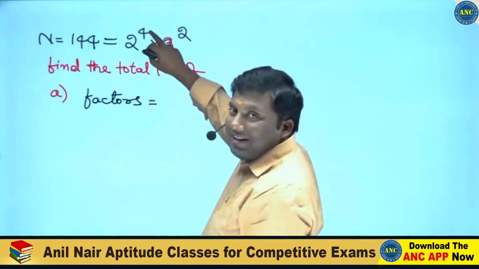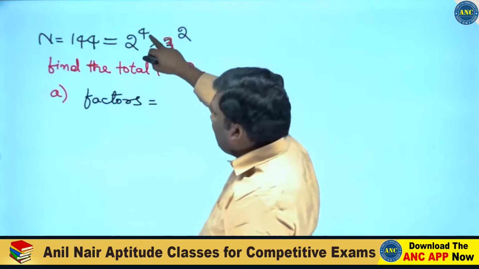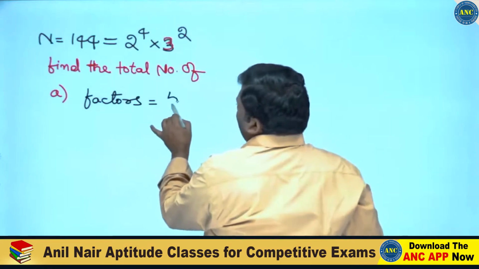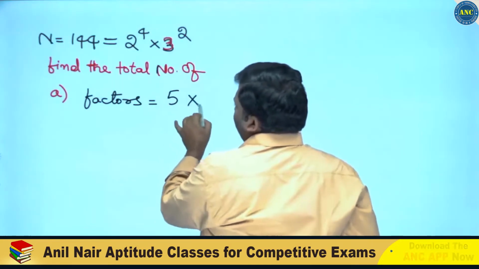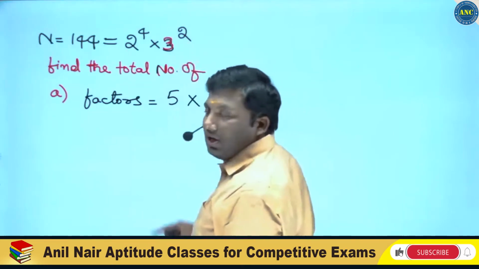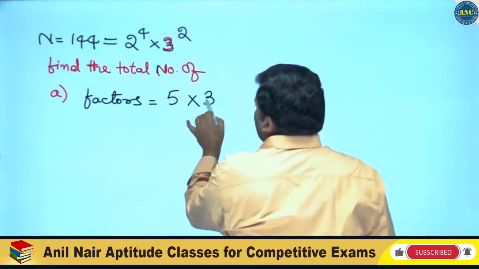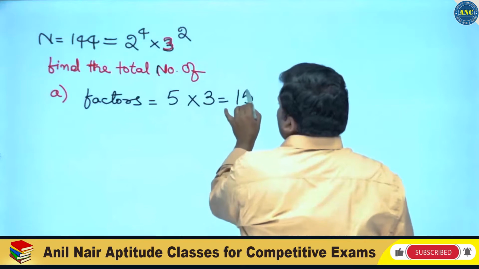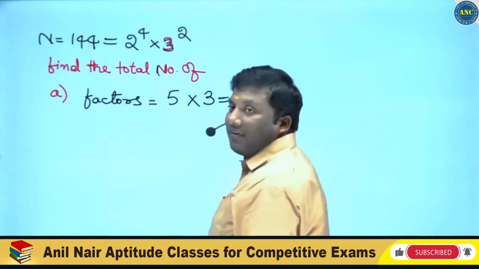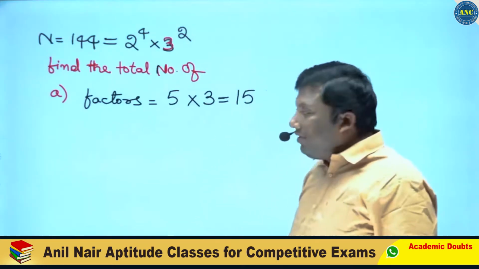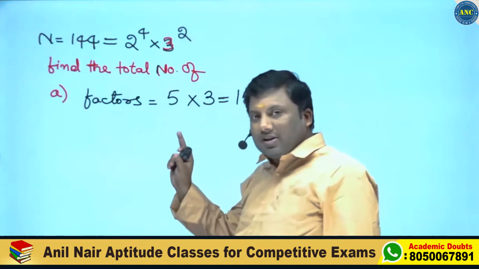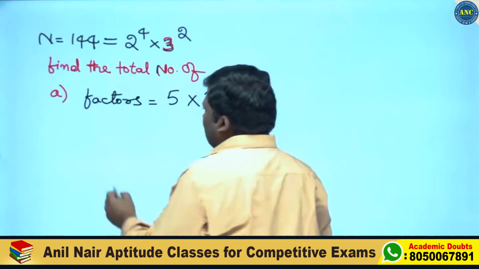Factors means 1 is the first lowest factor. From 0 to 4, how many cases? 5 cases. Here from 0 to 2, how many cases? 3 cases. 5 3s are 15. Totally, how many factors are there for this number? 15 factors are there for this number. First question, I hope it is clear.